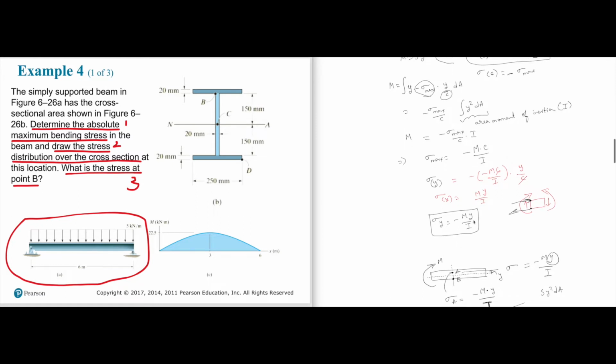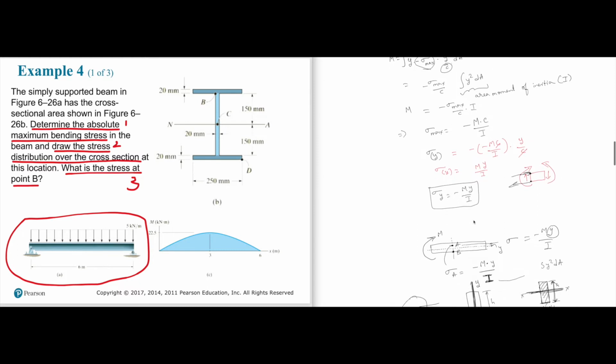You would all say yes, but if the cross section is circular, you would just replace y with the outermost radius. But if the cross section is an I, and this is the neutral axis, what is the outermost point? So what is the meaning of y here?